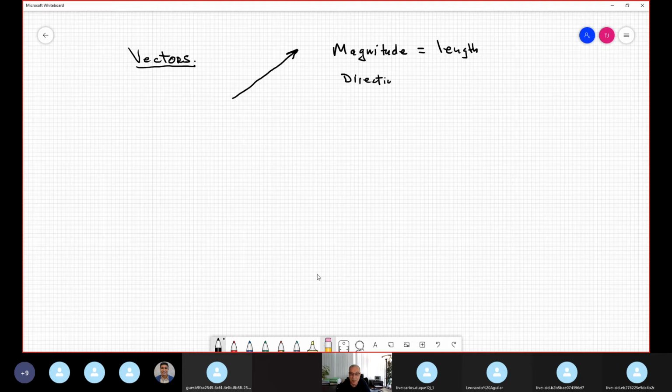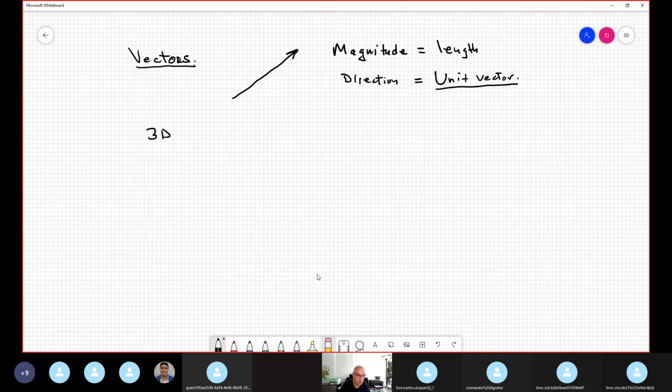There are many ways to indicate direction. However, in my opinion, the best way to indicate direction is using a unit vector. I want to explain unit vectors in detail in a few seconds. So what is the notation? For a vector in 3D, we have two kinds of notation.